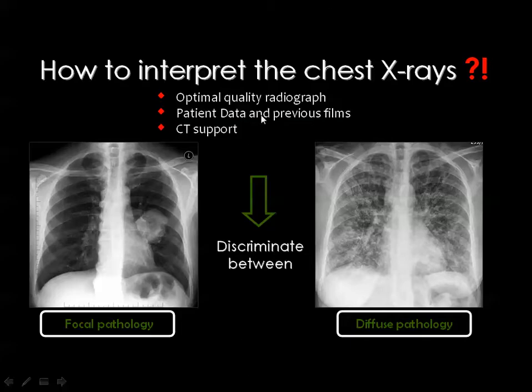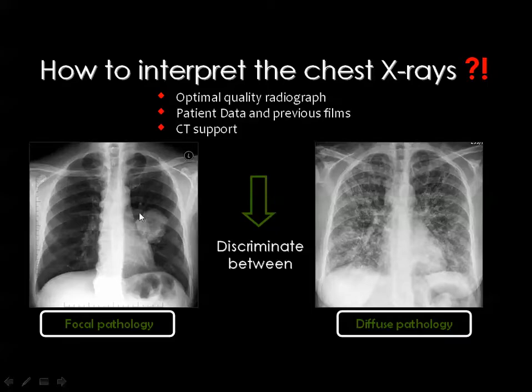Then number two, being a physician, you should have the clinical data of the patient, the complaint, the symptoms, the laboratory findings. Then if you have the chance to have the previous films, this will be a good opportunity for comparison. And if you cannot reach the diagnosis from the plain films, you should have the CT support.